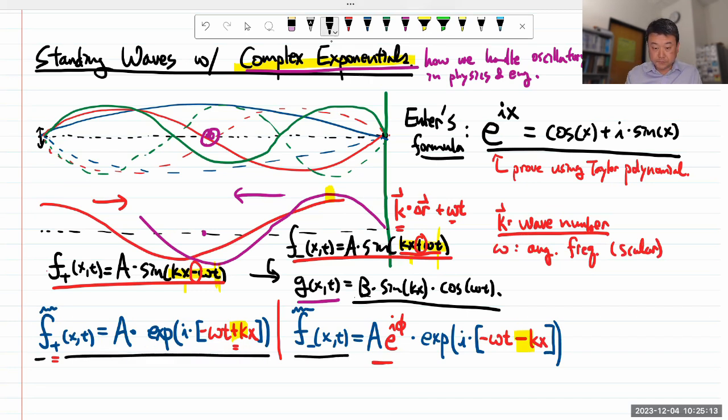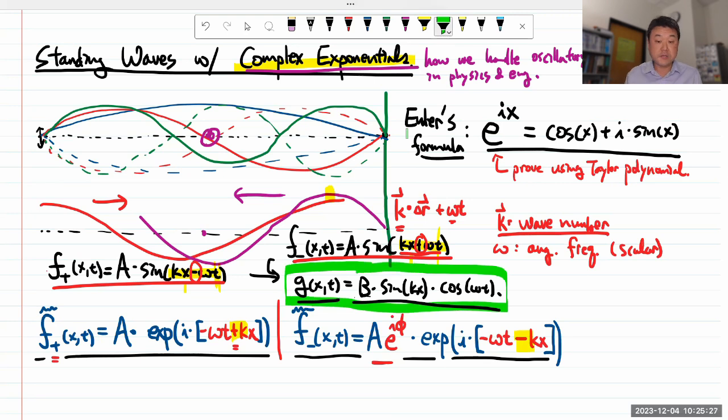So with these two functions, what I'm going to do is apply the superposition principle and see what I get. See if I can do something similar to what was done before using real functions. Now, it won't look exactly the same because I am using complex functions, so some of those complex factors will remain.